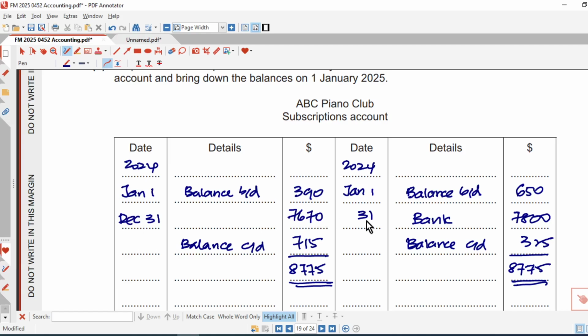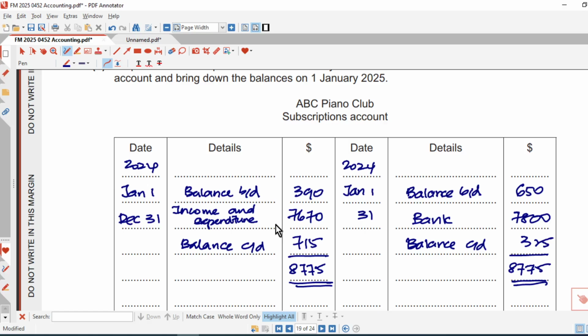Now, tell me, where do you think this is going to go? Well, this, my fellow students, will go to the income and expenditure account as the actual subscriptions earned for the year. Now, this is not the actual you receive. The actual money you receive is 7,008.